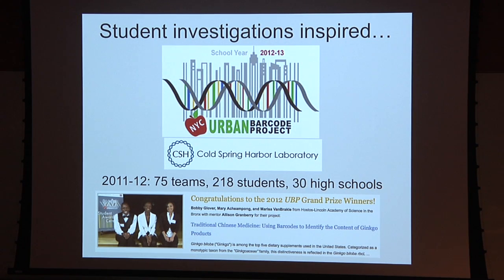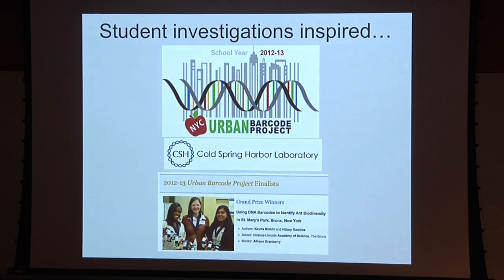You may have heard this story, no ginkgo biloba. And this year, again, a good turnout, a wonderful array of projects done by students. The winner looked at ant biodiversity in a park across from their school. And among other things, they found 2 species of ants that had never been reported in New York City. So they found something new.